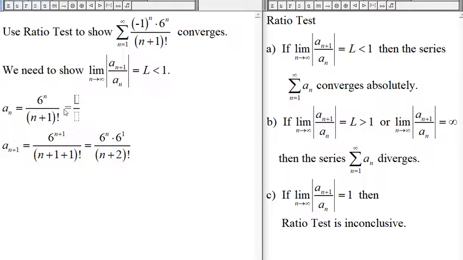This right here, this is 6 to the n. And then n plus 1 factorial means this is n plus 1, and then subtract 1, and we get n. And then subtract 1, and then we get n minus 1, and then we just subtract 1 all the way down to 1.